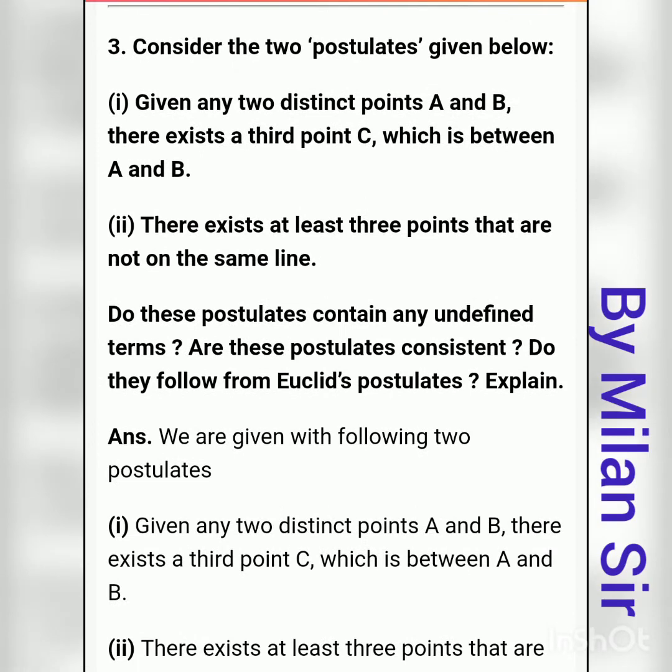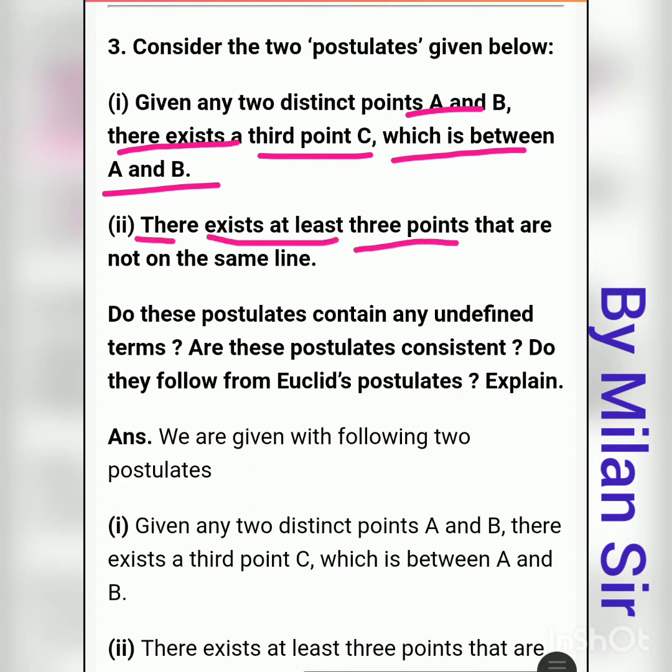After that, question number 3. Consider the two postulates given below. Given any two distinct points A and B, there exists a third point C which is between A and B. And the second is, there exist at least 3 points that are not on the same line.